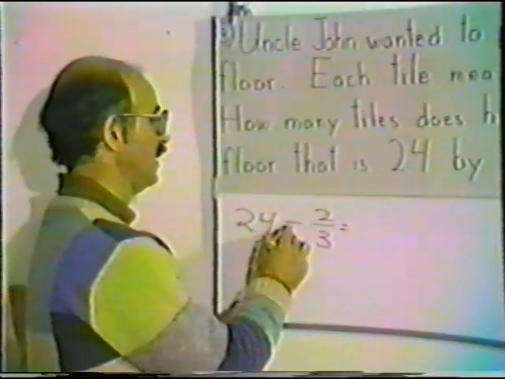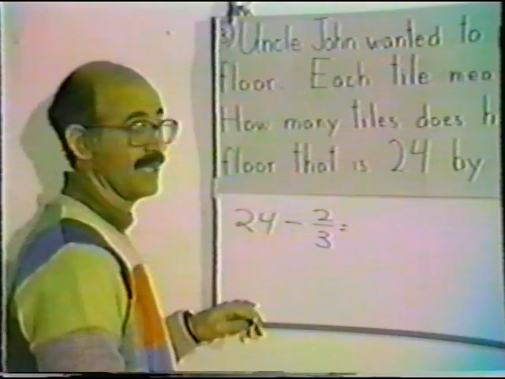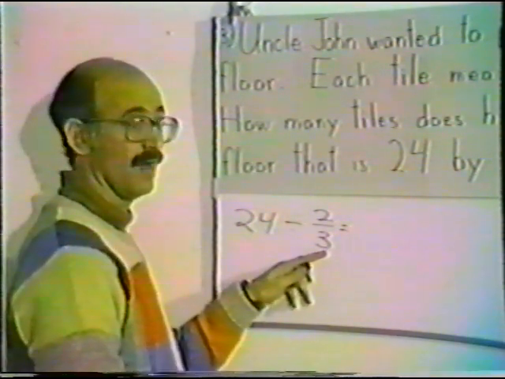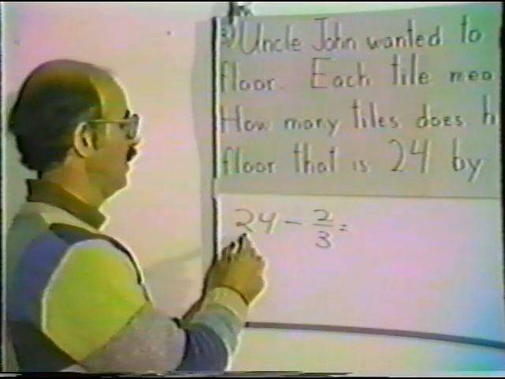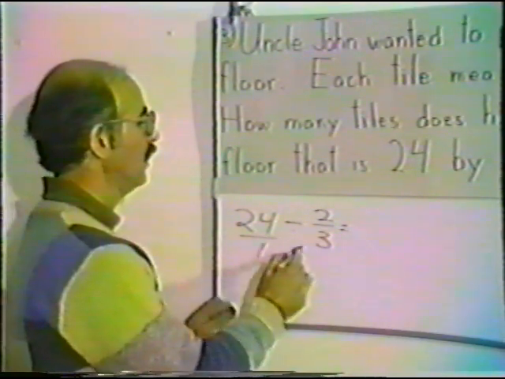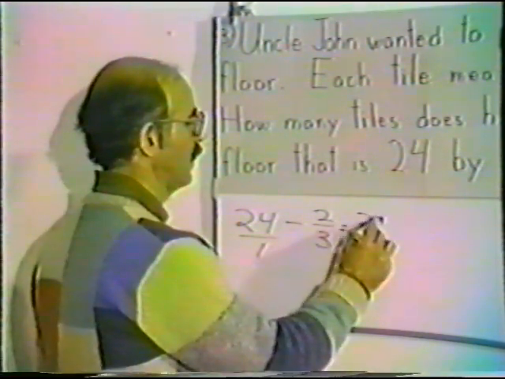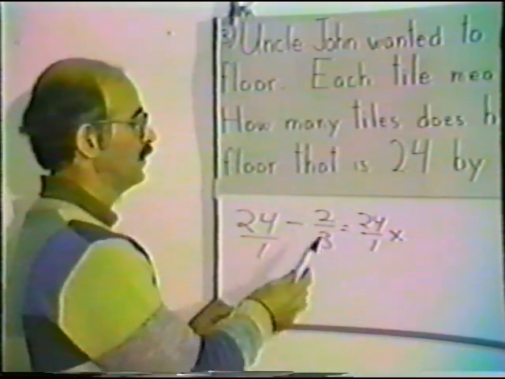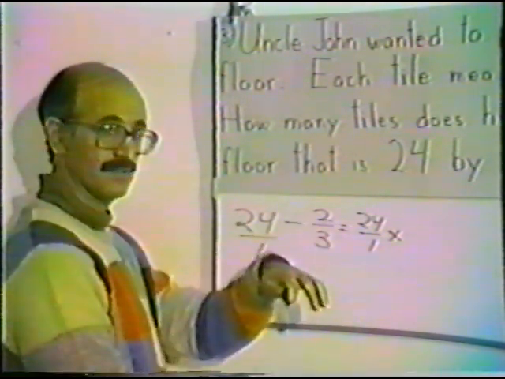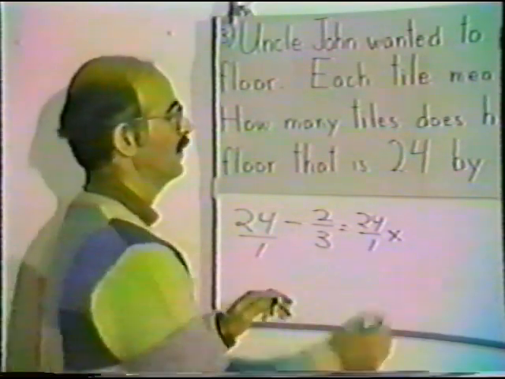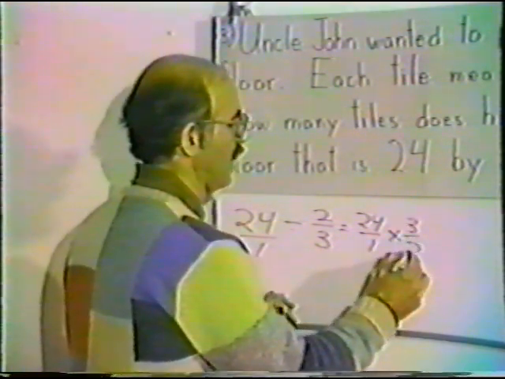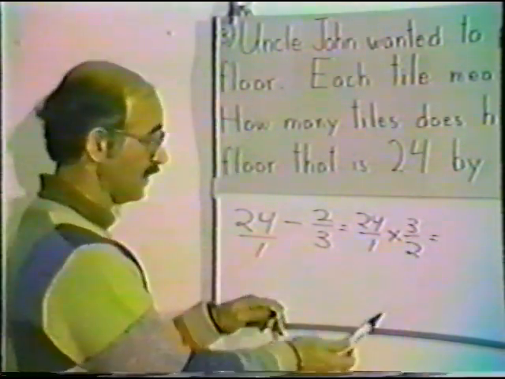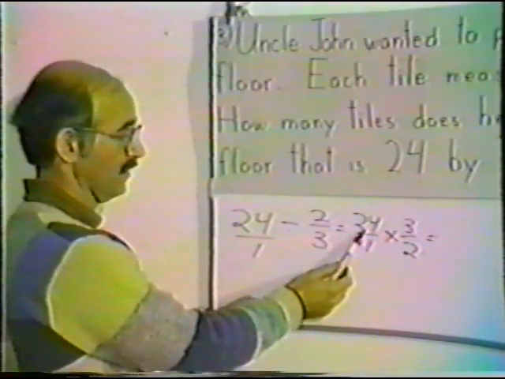Divide. Again, I have to divide to find out how many 2/3 are in 24. I put the 24 over 1. I change it to times, and the 2/3 becomes 3/2.